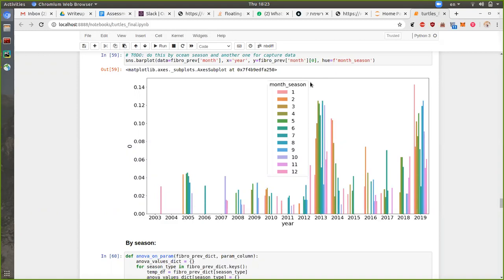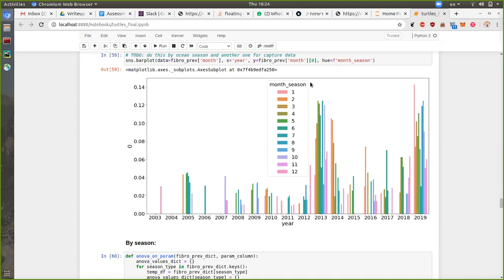So we need to check different phases, like shift all the seasons by 1 month and by 2 months, so do like 12 different checks, but then we'll have to somehow account for doing so many tests. Yeah, exactly.